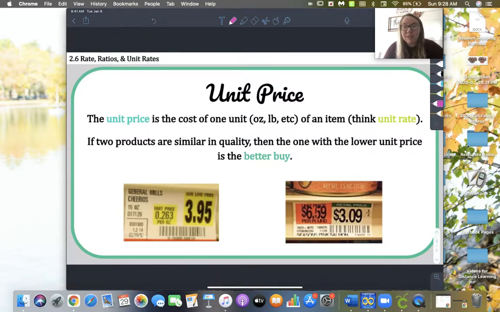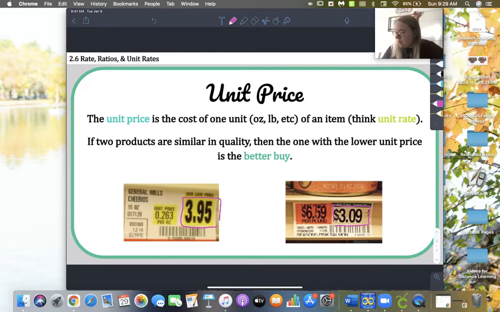What's great with labels at any grocery store is that they normally tell us how much an item costs. So this over here is $3.95. This was for Cheerios. And then if we look at the right, it says retail price. This was for a can of fish, $3.09. In both of these cases, they're telling us how much it costs.